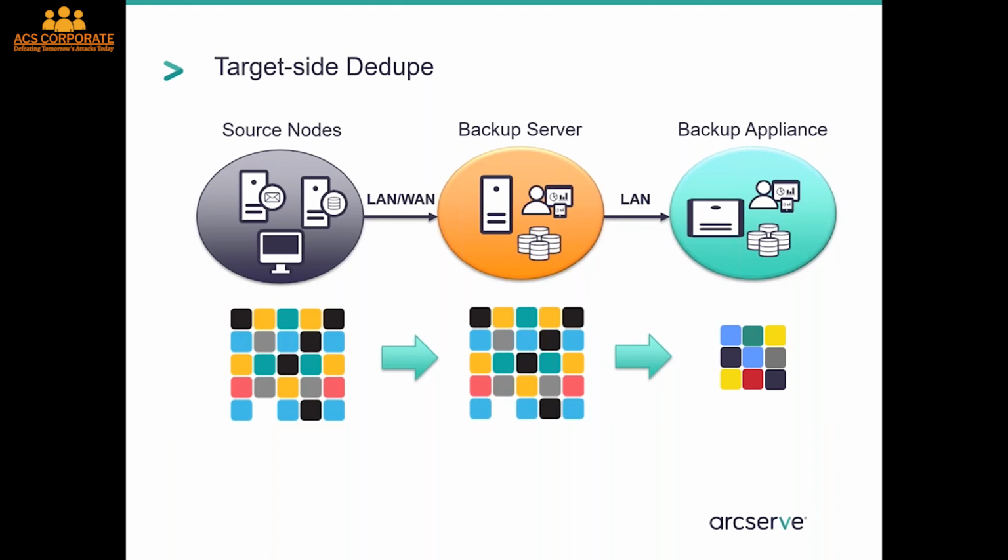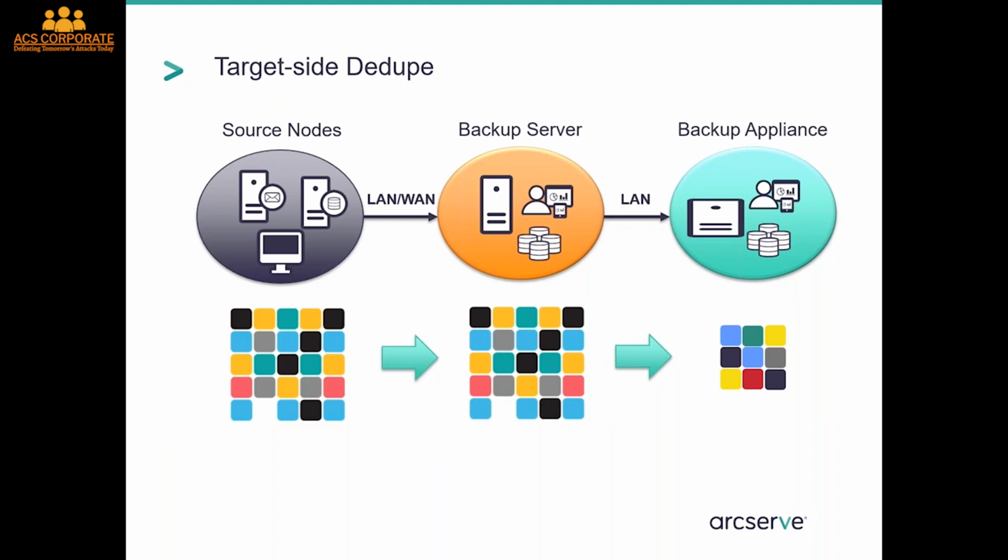And it's not until you're actually writing the data to the disk, which is managed by the purpose-built appliance, that you actually get the data reduction. So it's all happening at the back end. The downside is that it's still going to take the same amount of time to back up and the same amount of time to process. It's only the data reduction at the very last stage.